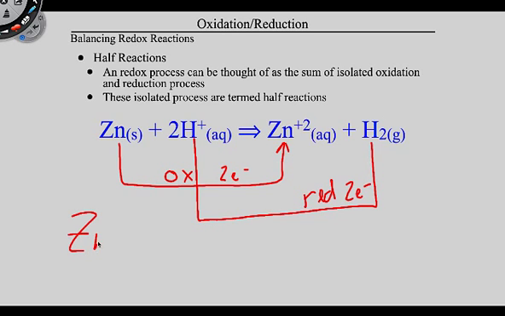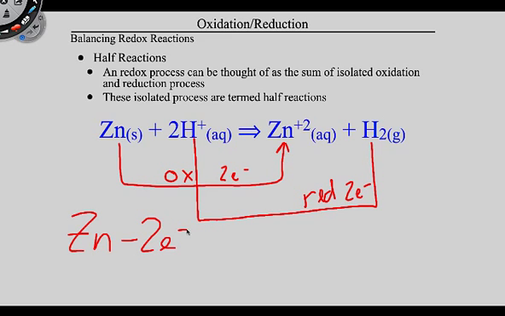Take the zinc, and you may want to write this down with me. What did zinc do? Gain or lose electrons? Lost electrons. But guys, please do not write that down. We will never represent the loss of electrons like this.